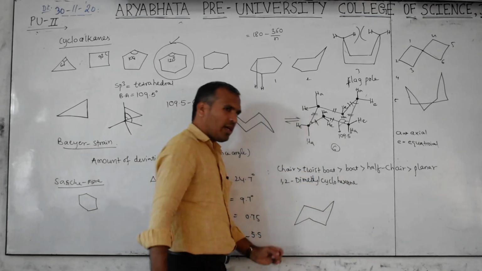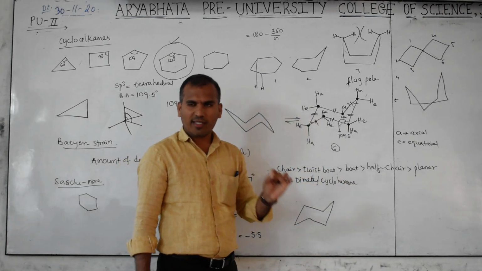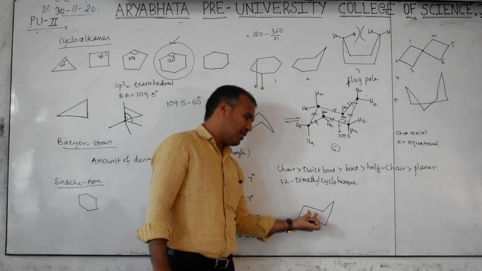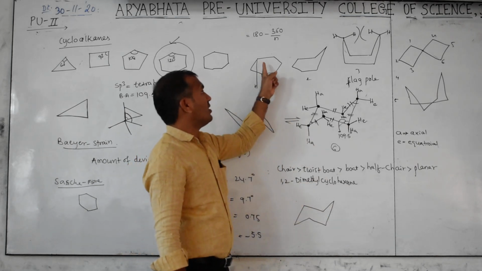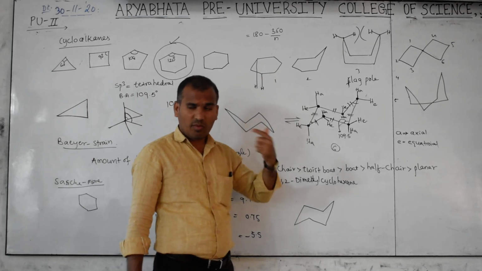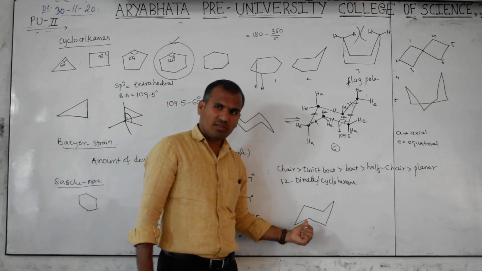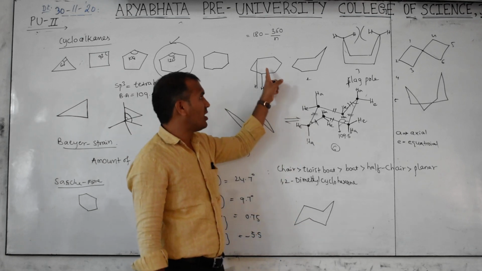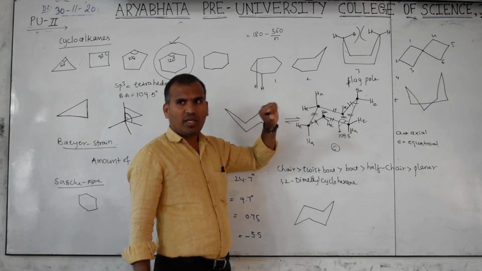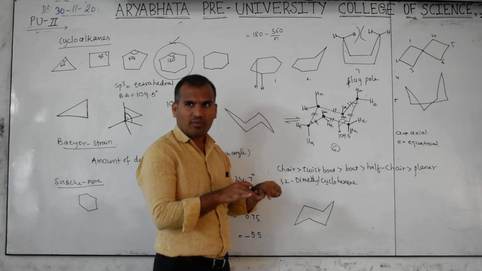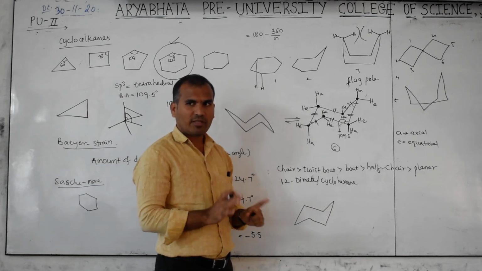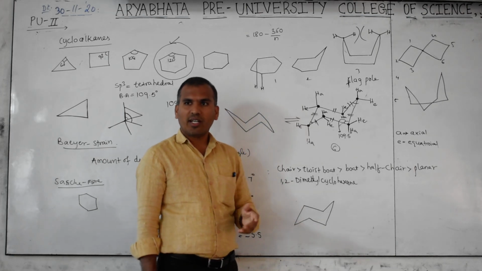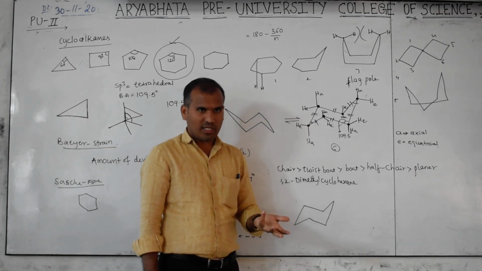When cyclohexane is given in examination, always strike this chair form in your mind, not this, because all problems are solved with respect to cyclohexane chair form. Sometimes both are equal type when solving the problem, but in maximum cases problems are solved based on chair form.